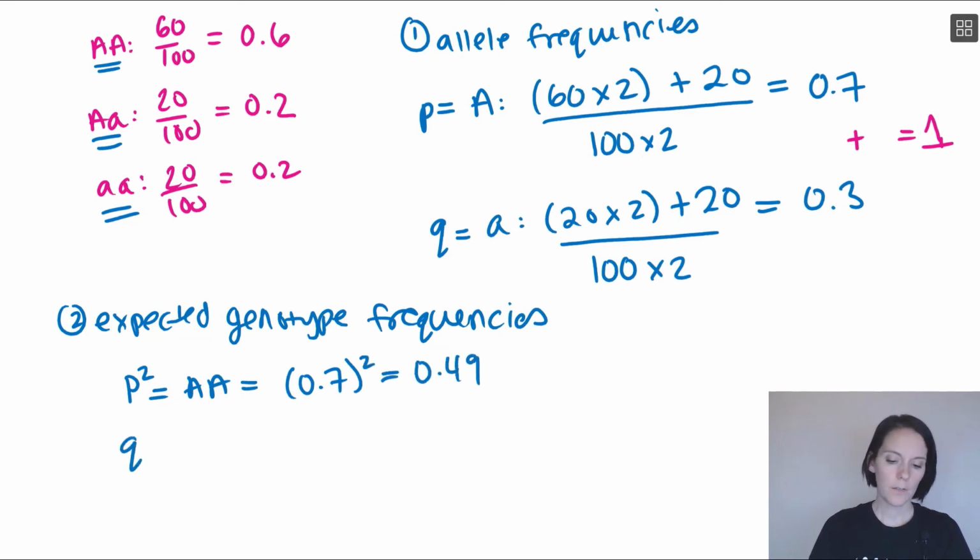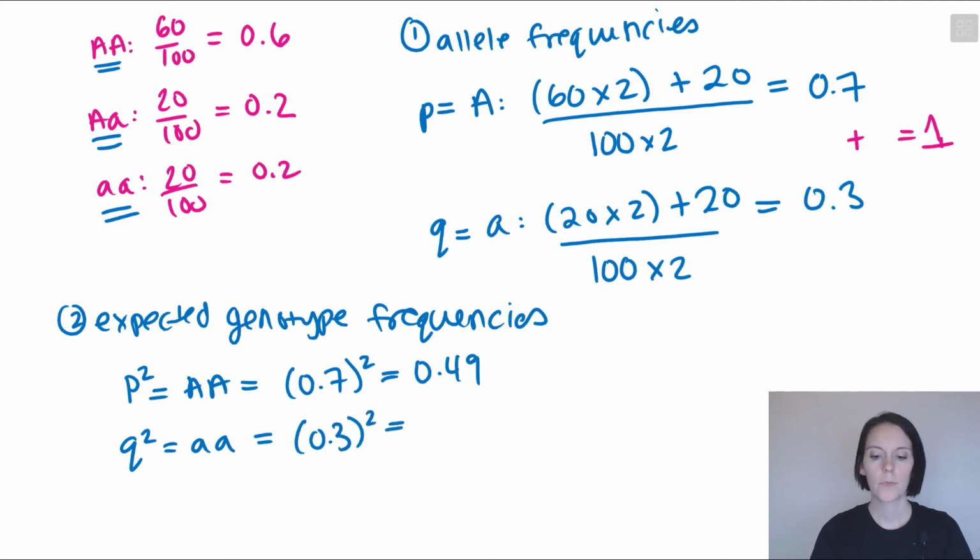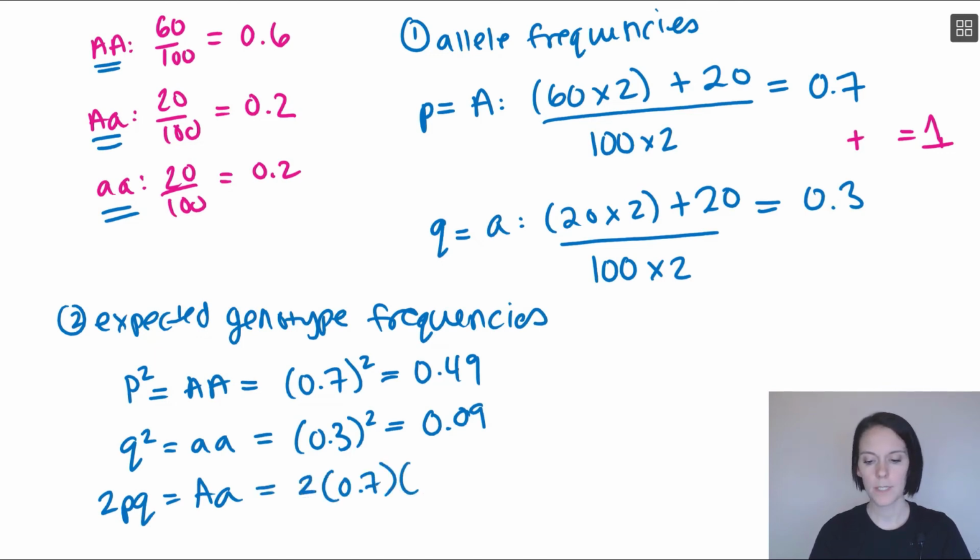Our q squared, which is the little a little a genotype, is 0.3 squared, which equals 0.09. And then finally our 2pq, which gives us our big A little a genotype frequency.